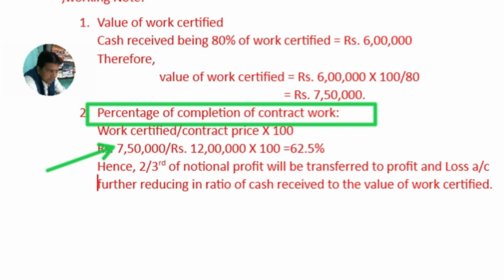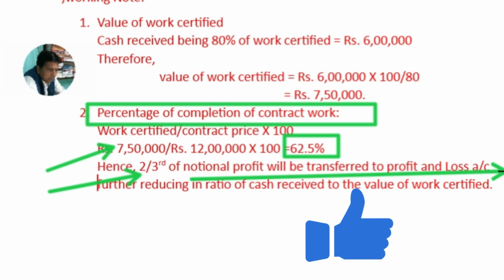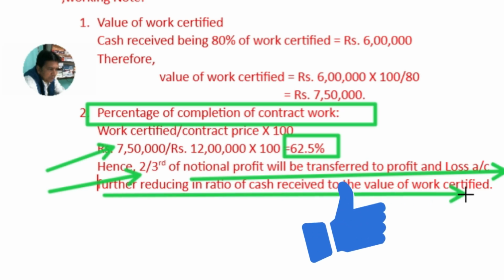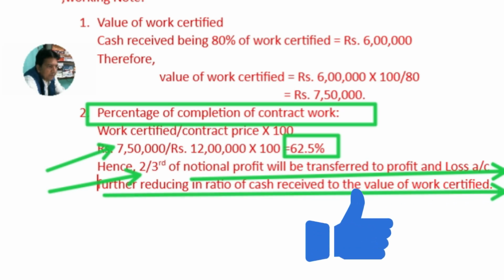The value obtained is 62.5%. So it is more than 50% work completion in this accounting period. Therefore, 2/3 of notional profit will be transferred to profit and loss account, further reduced in the ratio of cash received to value of work certified.